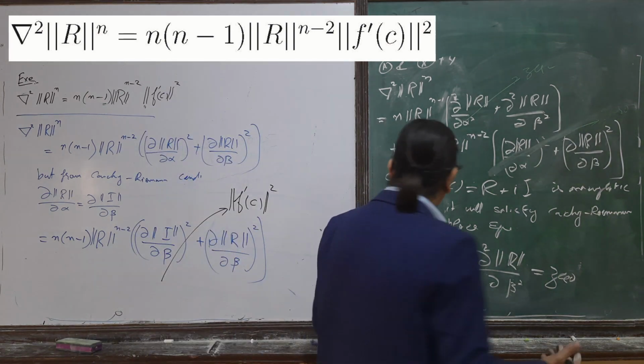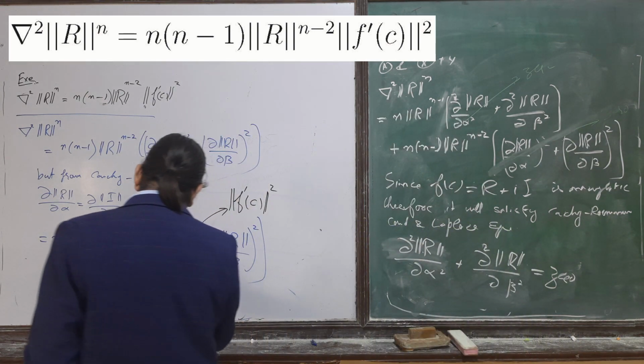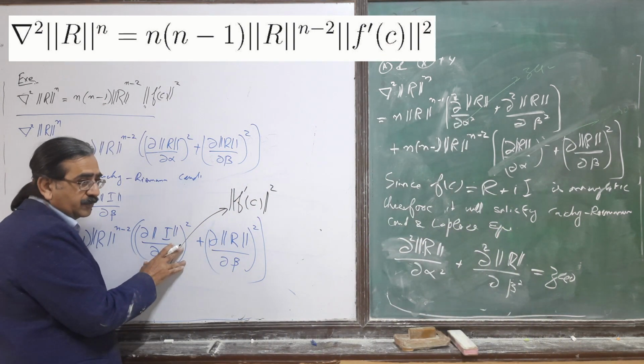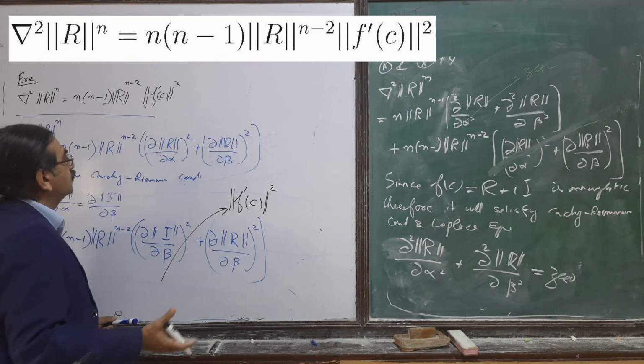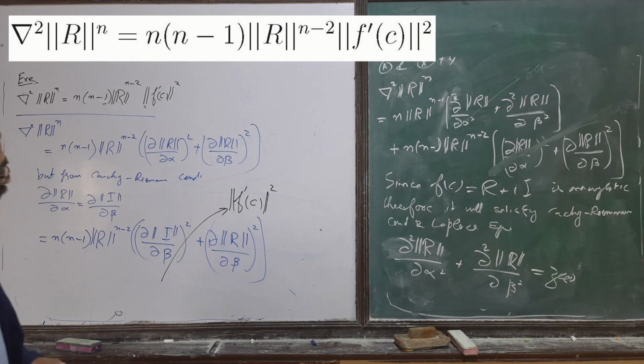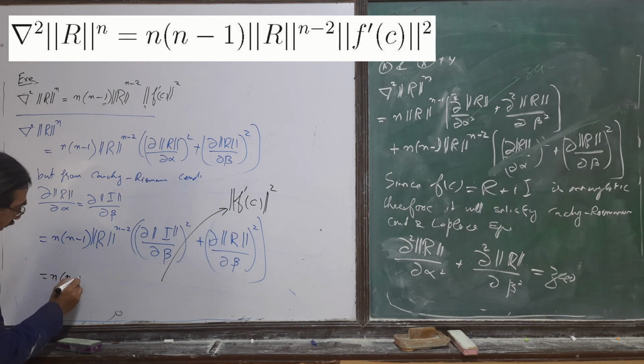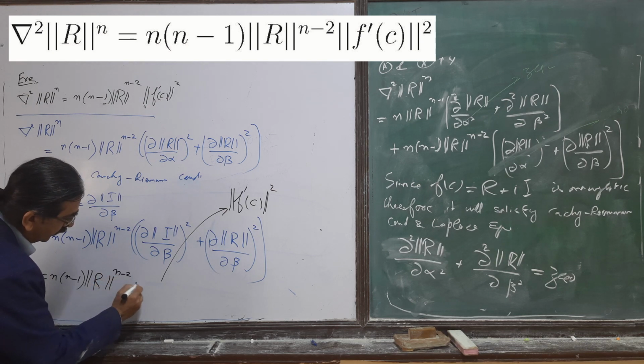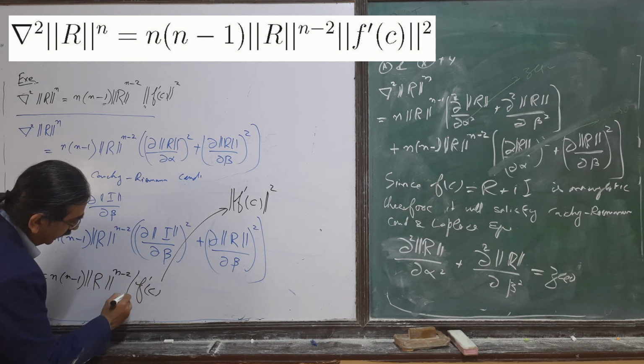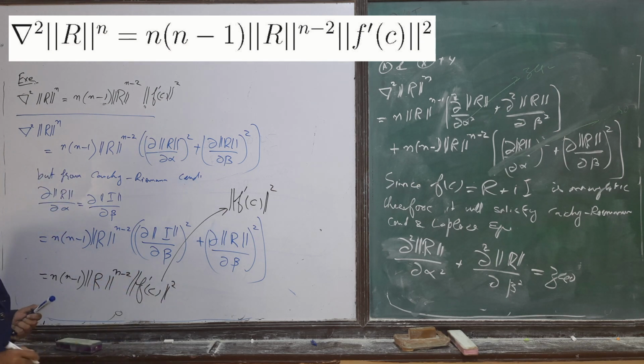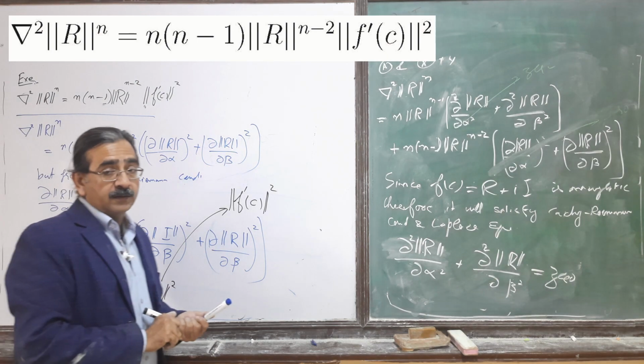So it is up to you. If you do it with respect to alpha, then it is true. If you do it with respect to beta, then that is true. So this will be n into n minus 1, R n minus 2, Fc derivative squared. That will be the required result. Okay, so got it?